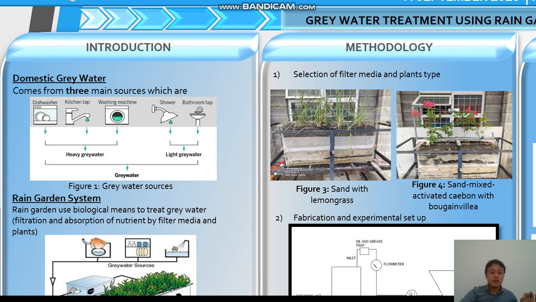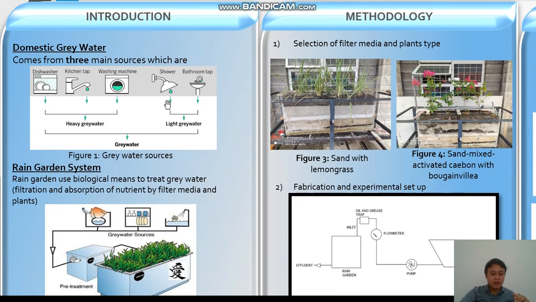And the last option that can be used is using pre-treatment, which is to treat the water before releasing it into the drainage system, and this is going to reduce the cost for the treatment plant due to the low pollutant content. And one of the pre-treatment for the greywater is actually by using rain garden system.